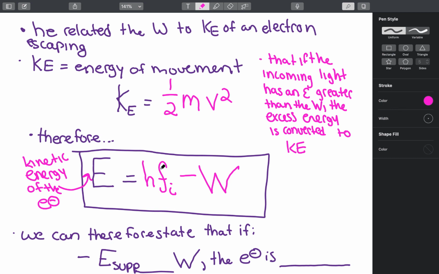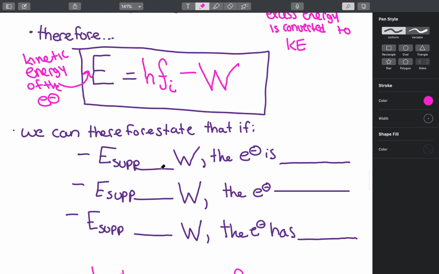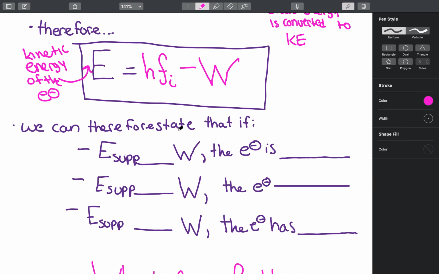Therefore, we can come up with a couple of conditions. If the energy supplied by the light is less than the work function, the electron is not able to escape the atom.